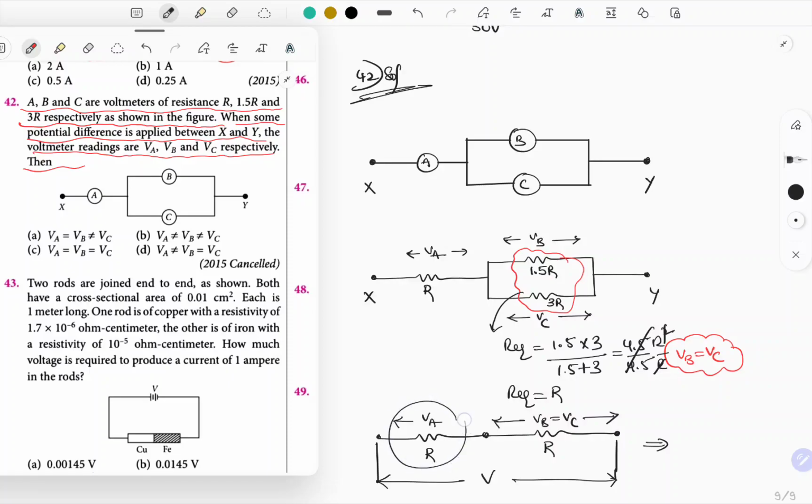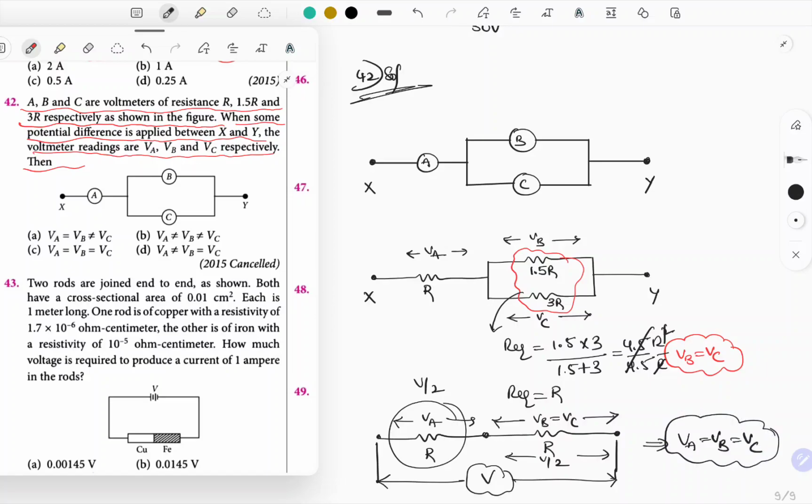So let's say the voltage across this is V by 2 and the voltage across this combination is V by 2, because they are of equal resistance, right? Total voltage is V given. So the voltage across A and the B and C combination is also the same.